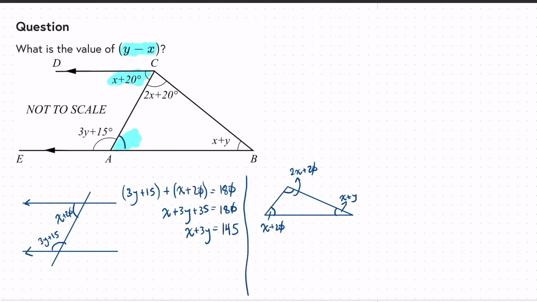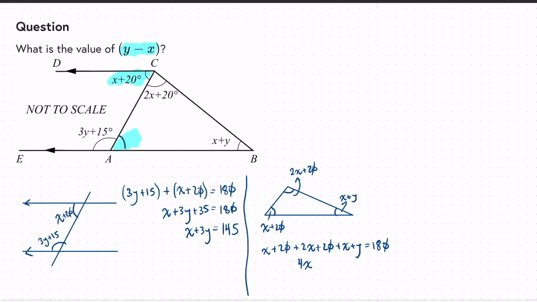So just as before, I can reduce this, right? All of these angles sum, because they're in a triangle, to 180. So x plus 20 plus 2x plus 20 plus x plus y is equal to 180. How many lots of x have I got? 1, 2, 3, 4 lots of x.